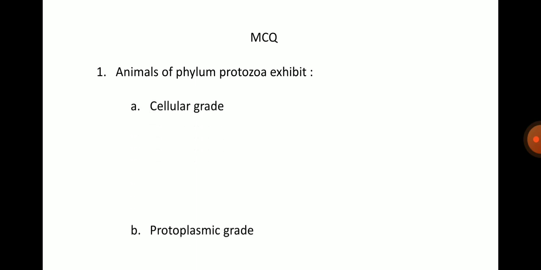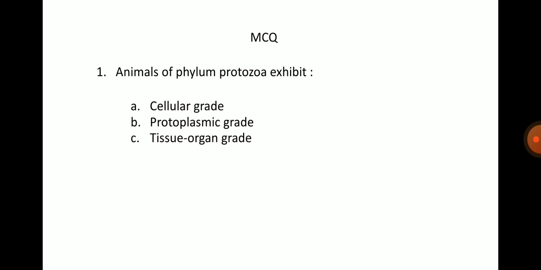Now let us learn some more details with the MCQs, that is the multiple choice questions. The first one: the animals of phylum Protozoa exhibit cellular grade, protoplasmic grade, tissue-organ grade, or organ system grade.